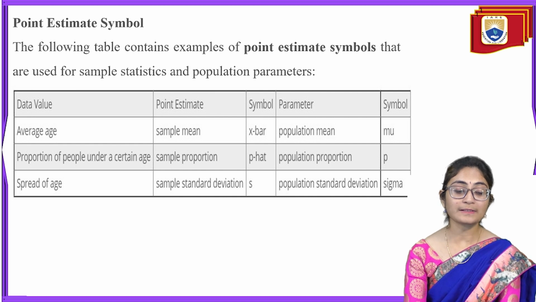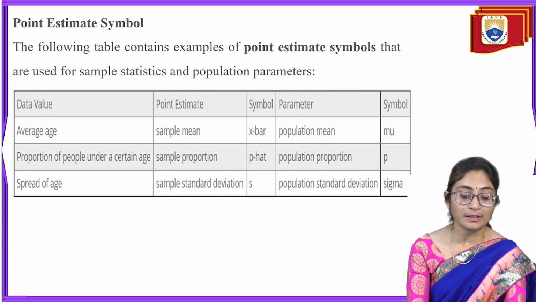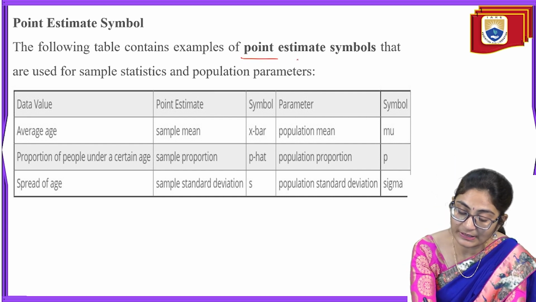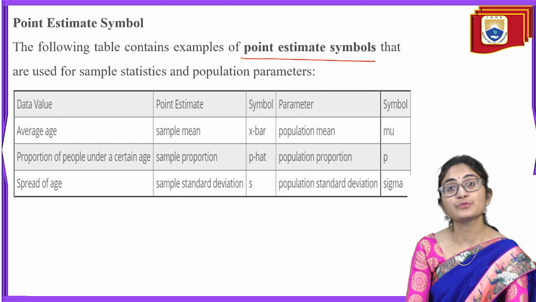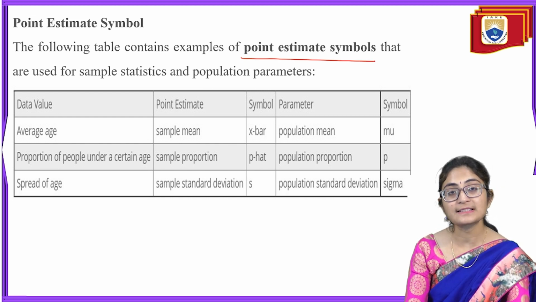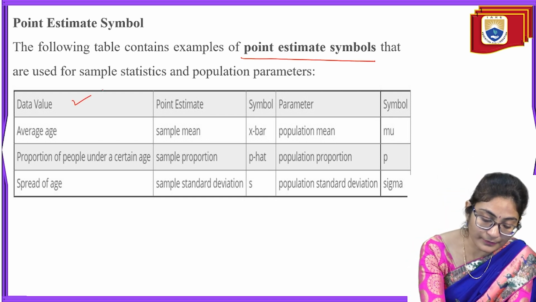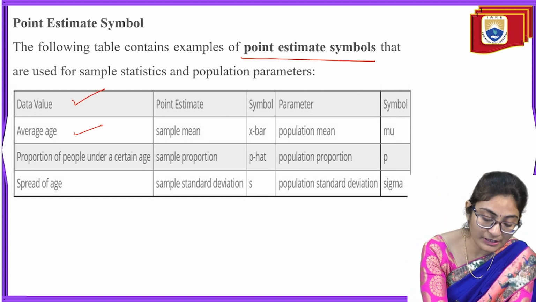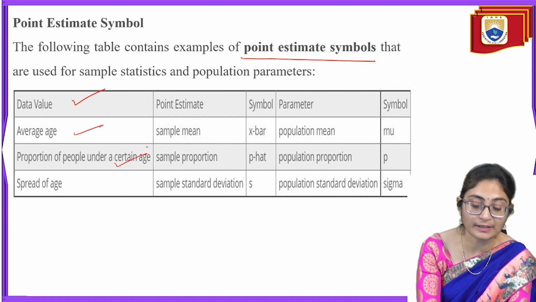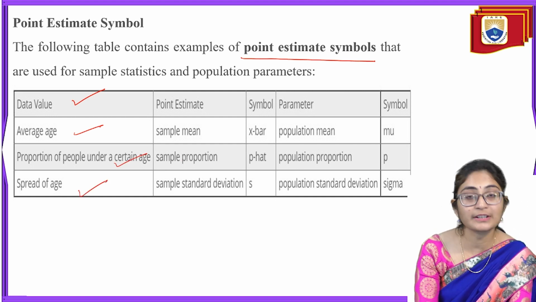Now, there are some point estimate symbols. The following table contains the point estimate symbols used for sample statistics and population parameters. There are data values: average age, proportion of people under a certain age, and spread of the age.